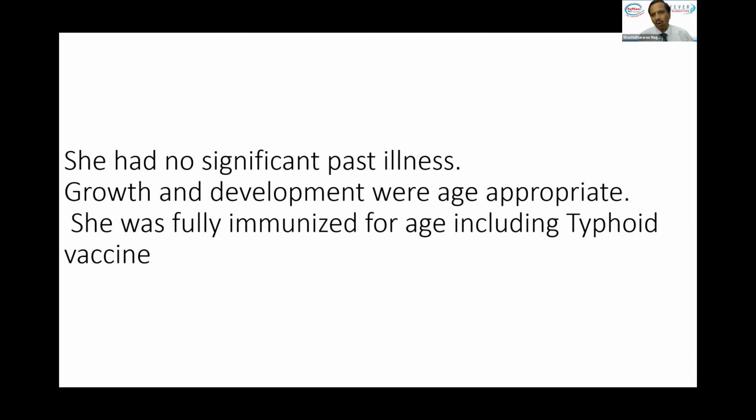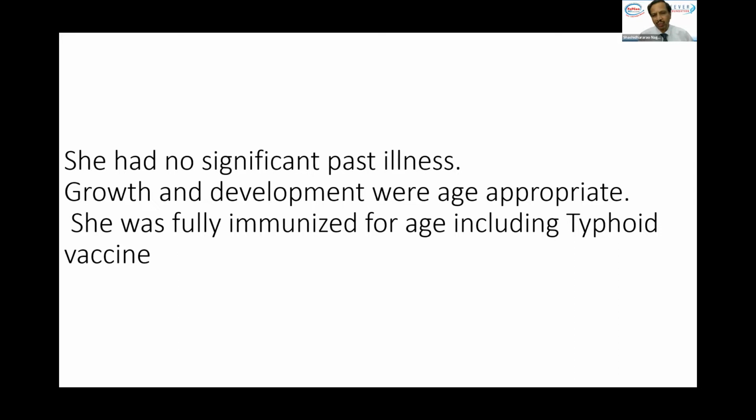A de novo primary immunodeficiency disease at 9 years is a little unusual at this age. And whenever children have any of these disorders, the growth and development will generally not be age appropriate.